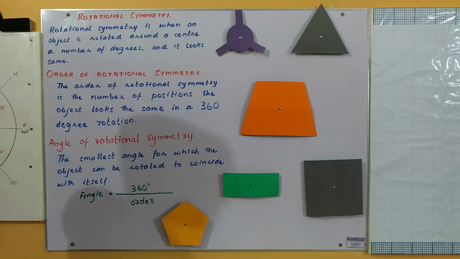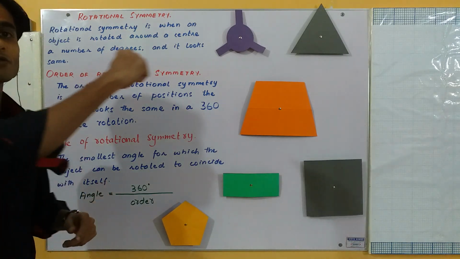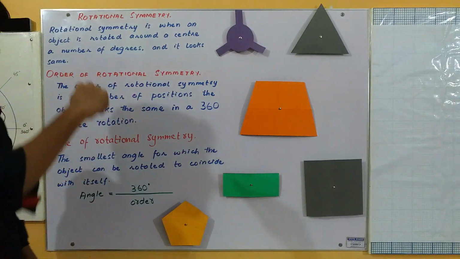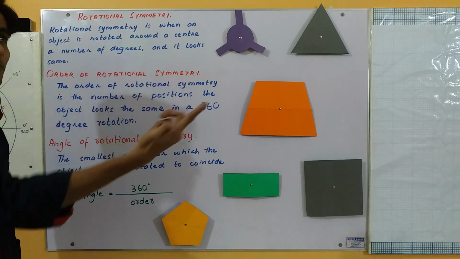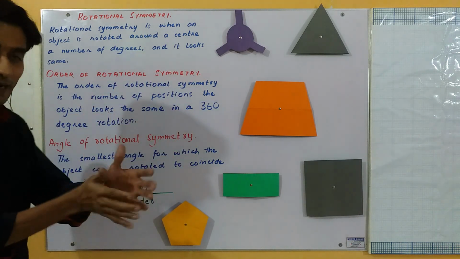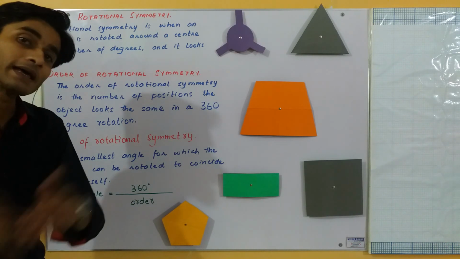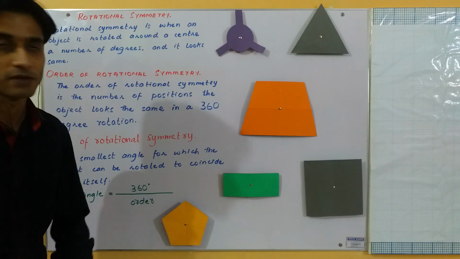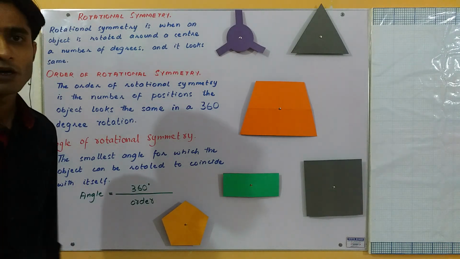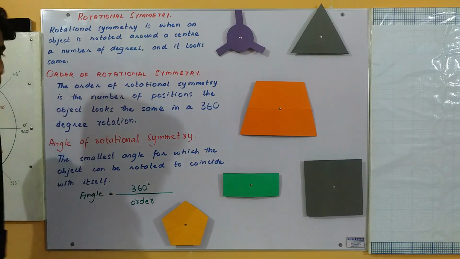It means an object or a shape is said to have rotational symmetry when it is rotated completely, and once it is rotated completely, the number of times or the ability that that shape has to appear the same as the beginning is called rotational symmetry. Symmetry in rotation.